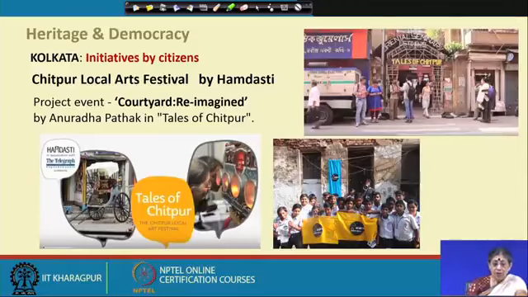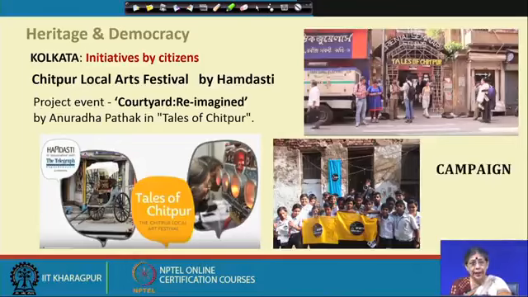This Chitpur Local art festival by Hamdasti, an NGO, is done by a very important installation artist, Anuradha Pathak, and her friends. They have been working for the last 2-3 years on the tales of Chitpur. They involve school children and the locals, and hold exhibitions and activities, trying to find out what the everyday life and the heritage resources and activities are.